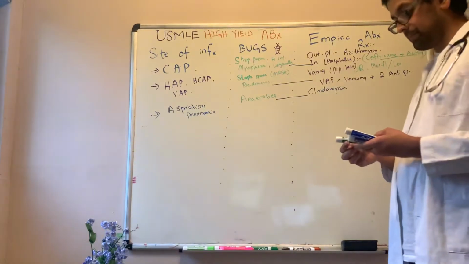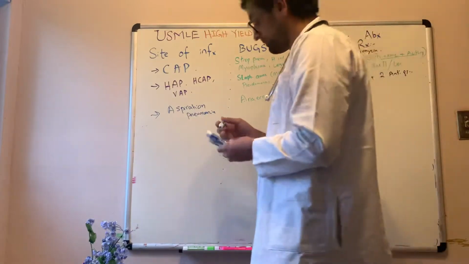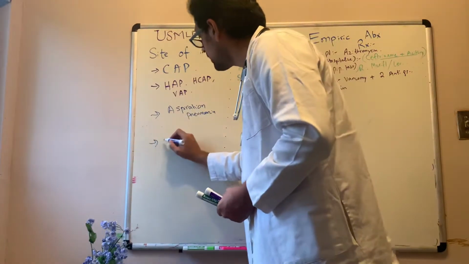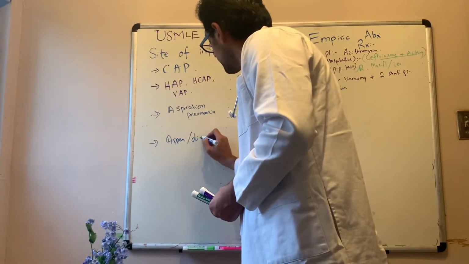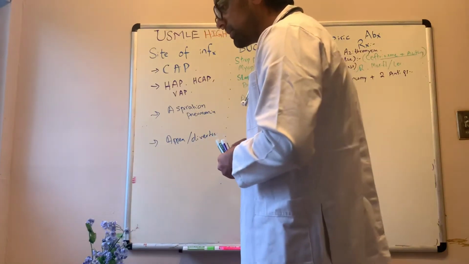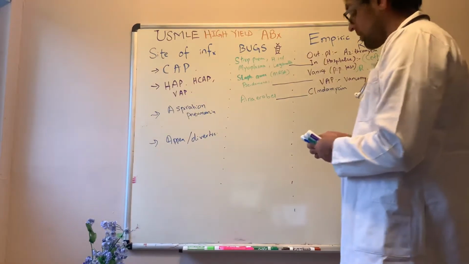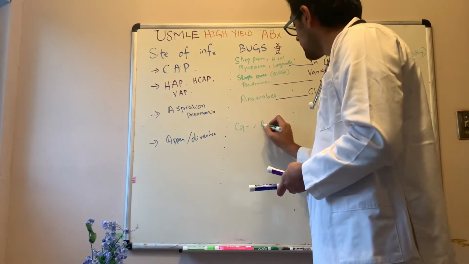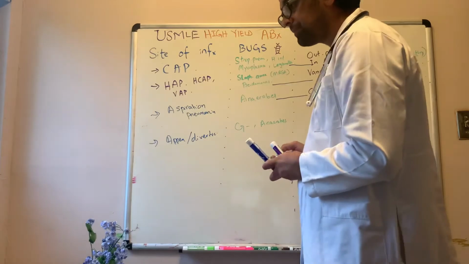So we have appendicitis and diverticulitis. So what are the bugs? Gram-negative and anaerobes, right?